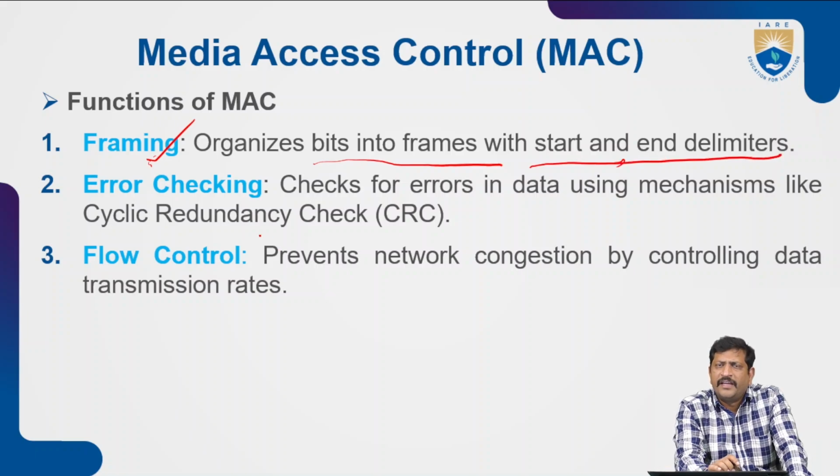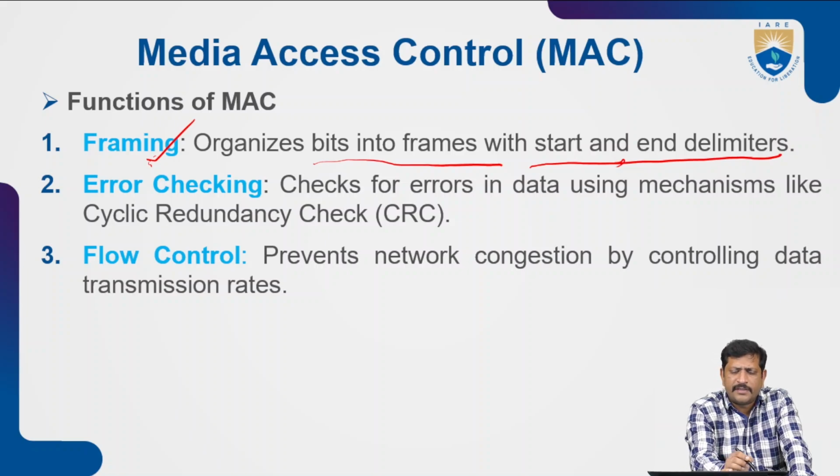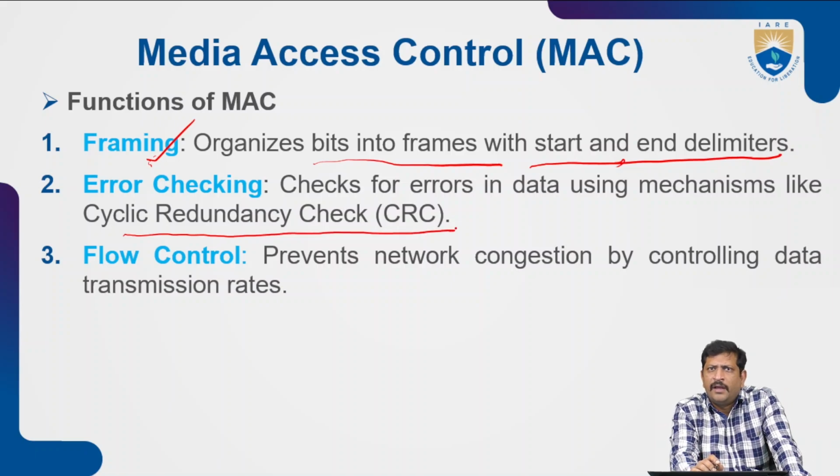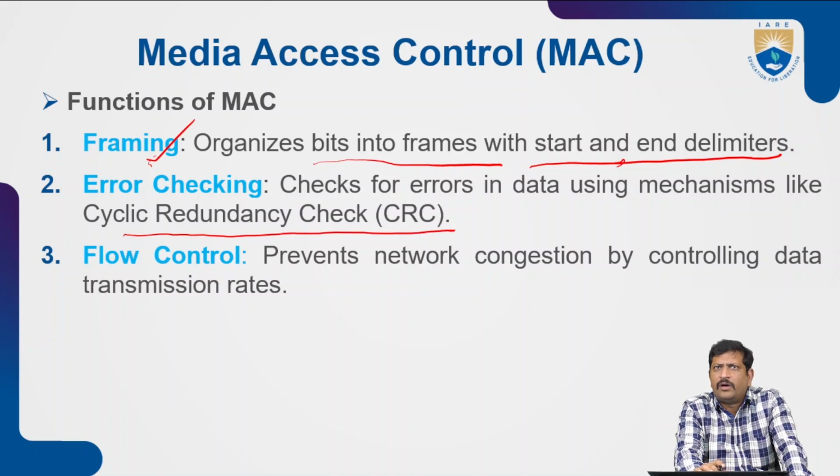Error checking means checking for errors in the data using mechanisms like the cyclic redundancy check, that is CRC. And flow control is also one of the functions, which controls the flow by optimizing the bandwidth of the transmission media.